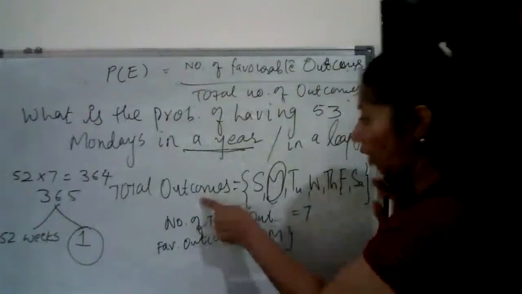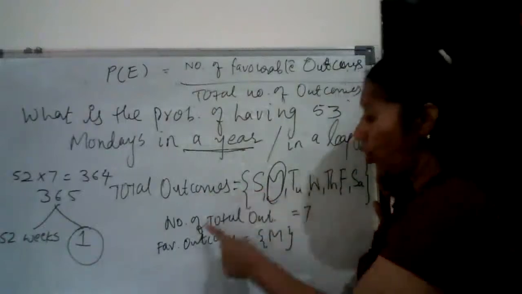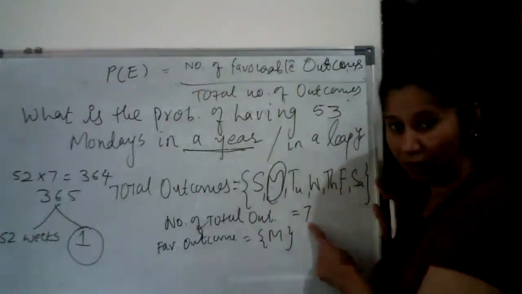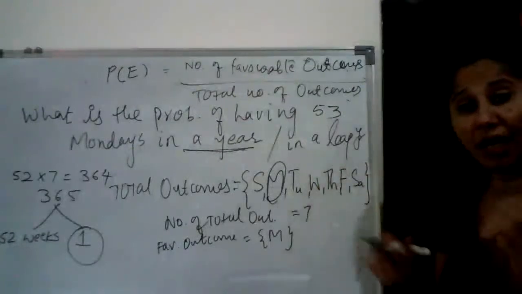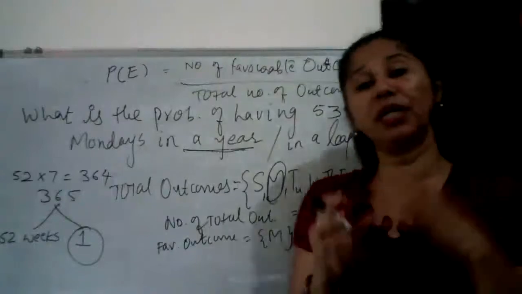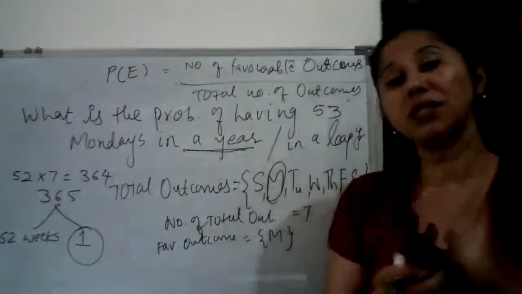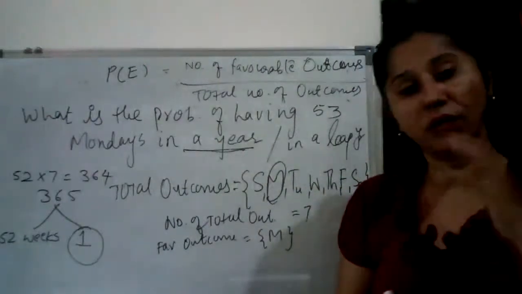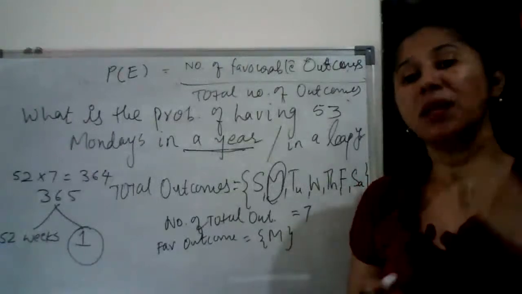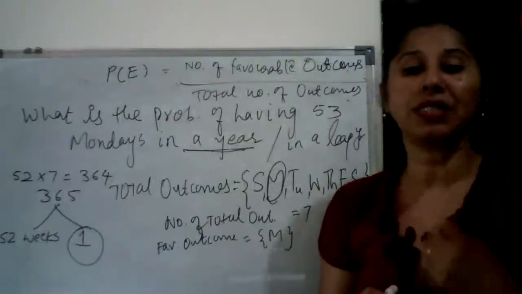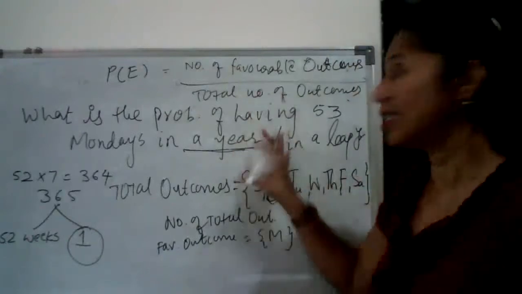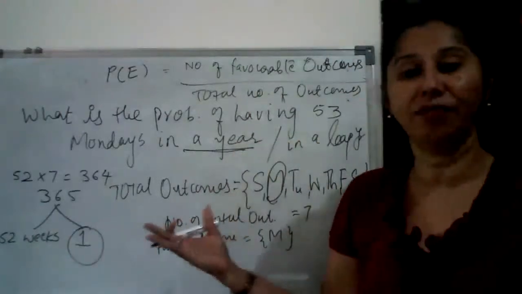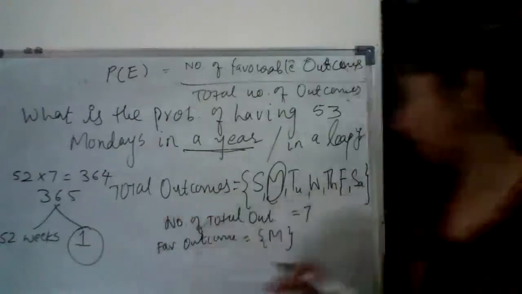मैंने यहाँ पे लिखा टोटल आउटकम्स, तो मैं उसको लिस्टिंग कर रही हूँ, और जब नंबर कर रही हूँ तो मैं यहाँ पे नंबर लिख रही हूँ. Okay, so make the habit that you write the things perfectly. I know जनरली इस क्वेश्चन में होता है कि you know प्रेजेंटेशन के मार्क्स नहीं रखते हैं, right, correct answer. But the thing is, suppose by chance you go wrong with something in the examination, but with your presentation everything correct, then you get the half mark at least for that particular thing.